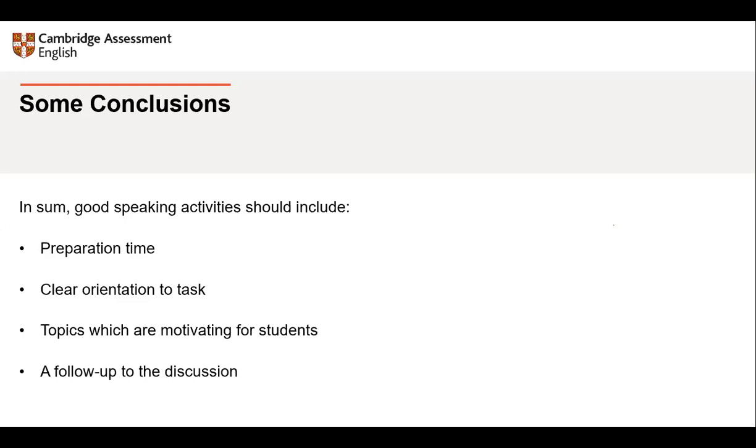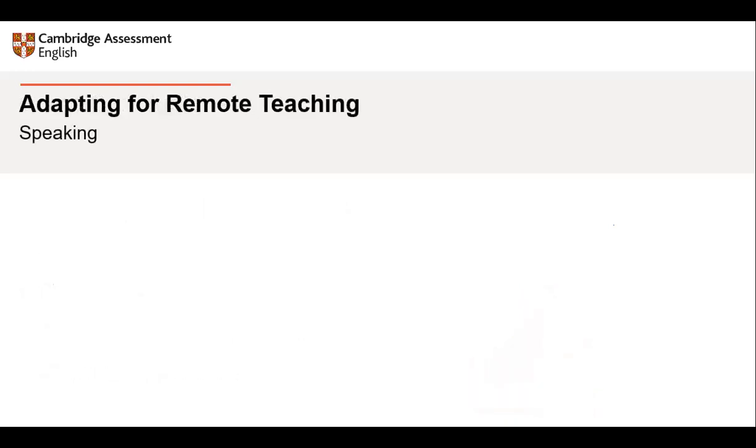By follow-up here, it could be, for example, students interacting and commenting on each other's presentation, or the teacher also providing some feedback, etc. So these are, as I say, some key points to remember in order to help the students develop the skills.